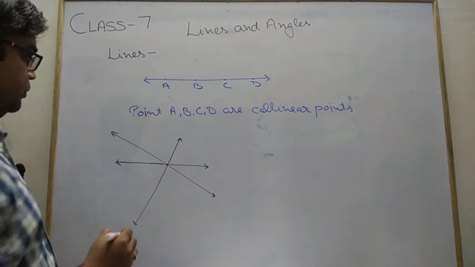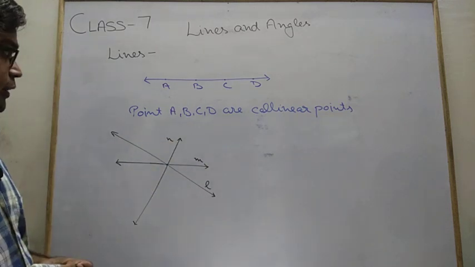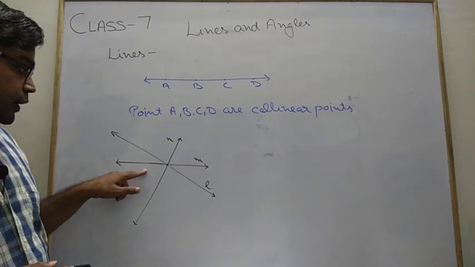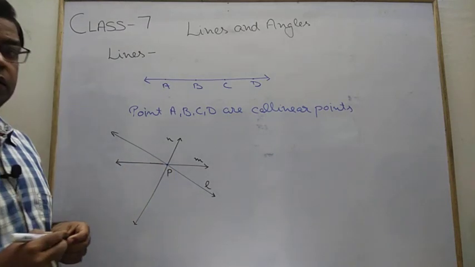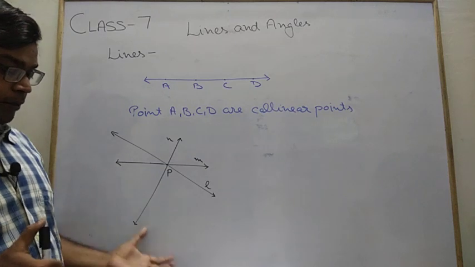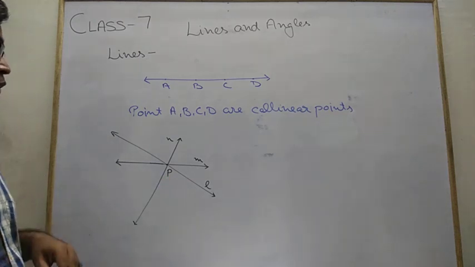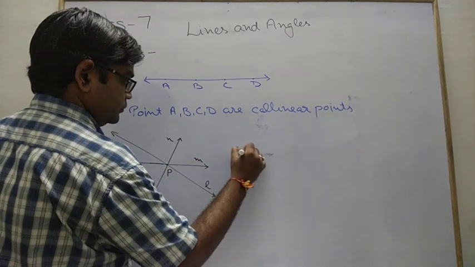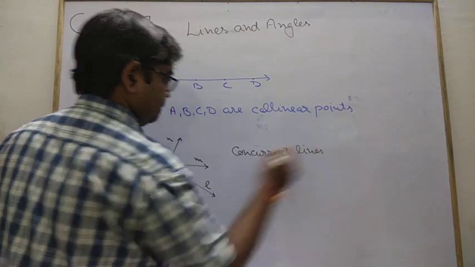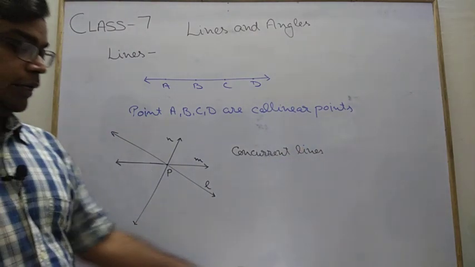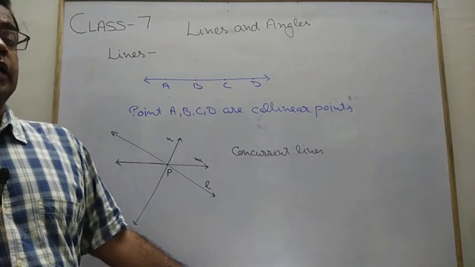These three lines are your l, m and n. They are known as concurrent lines if they pass through the same common point P. Three or more lines in a plane are concurrent if all of them pass through the same point. Now this is all for lines. Now we are going to discuss angles, most important.